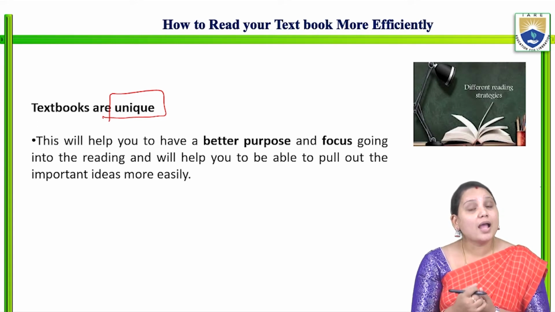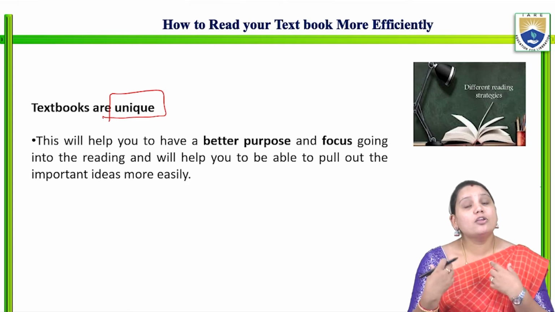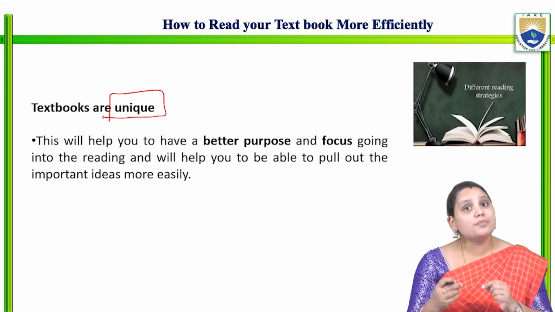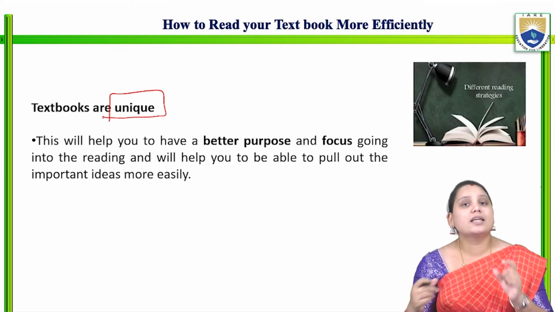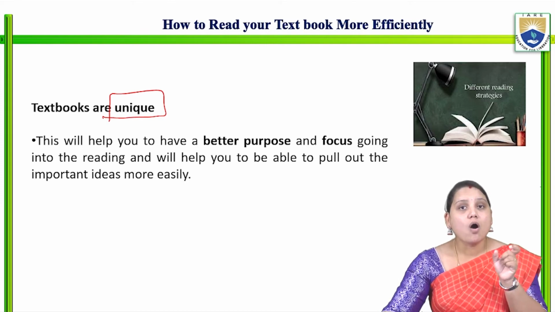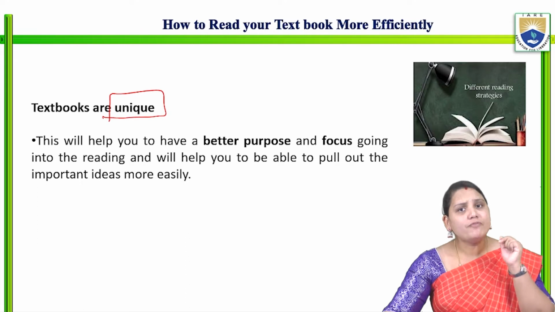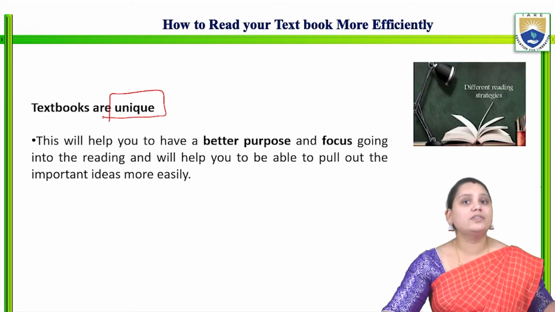But why? Why are we specifically prescribing, or making you understand, that textbook reading is the most important aspect? Because textbooks play the role of uniqueness. They provide all that information very specifically. They will not take you out of that zone.